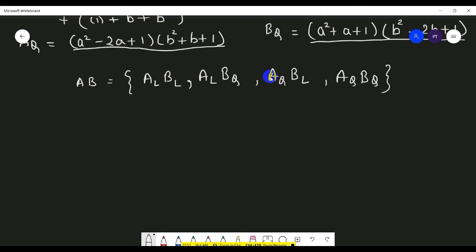To compute the effects for these components, let us start with AL and BL. To compute ALBL, first we will find the linear effect of B at different levels of A. So at higher level of A, the linear effect of B is A square B square minus A square.